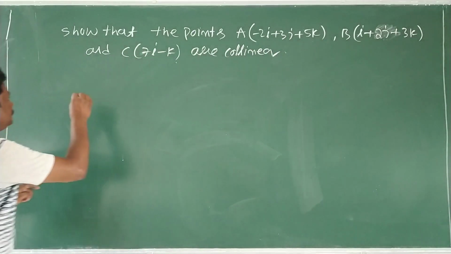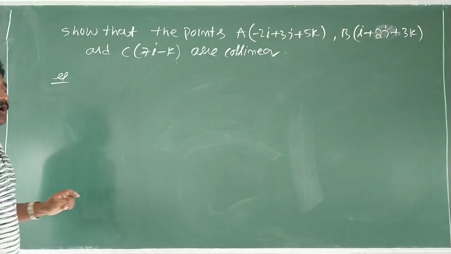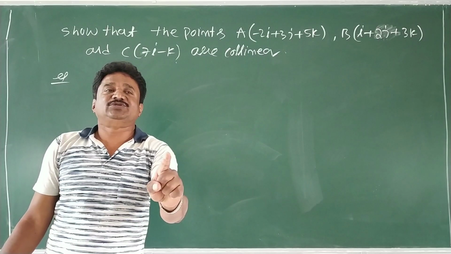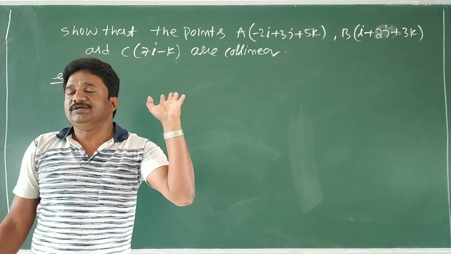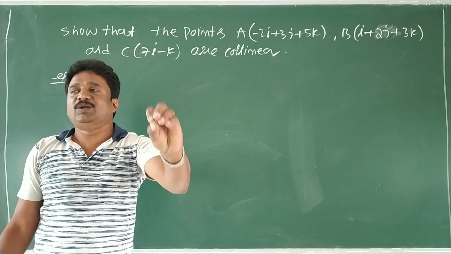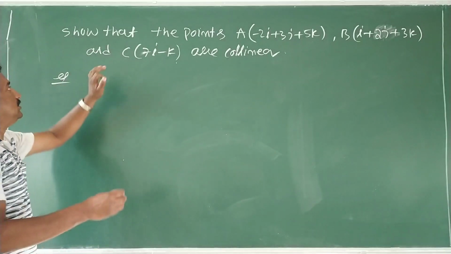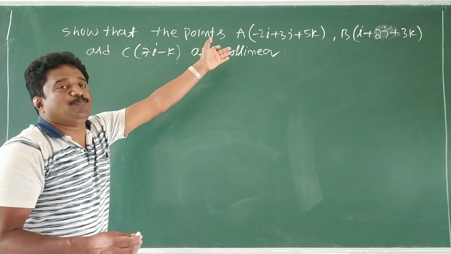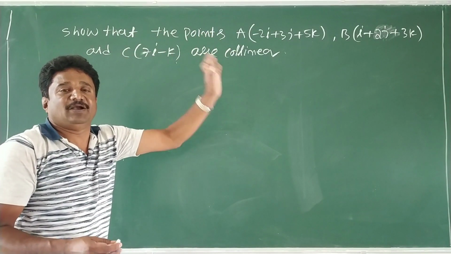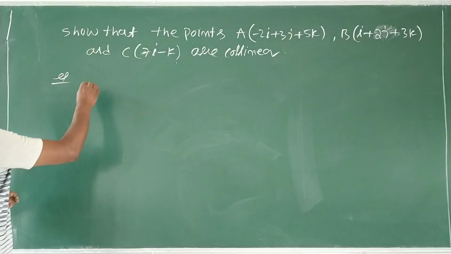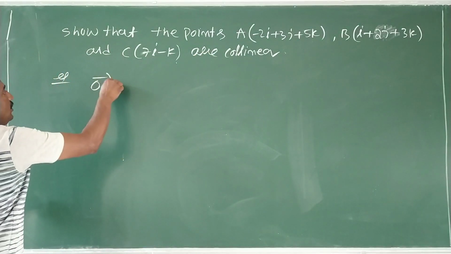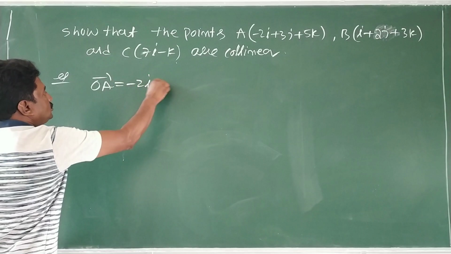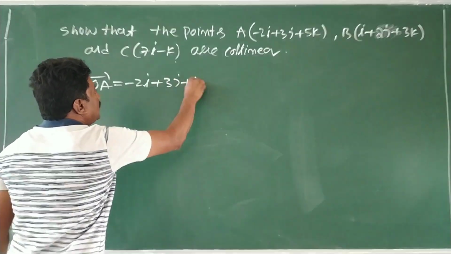Solution. Already we solved problems of this type. Show that the vectors are collinear. Whenever it is about points, they are nothing but position vectors. Vector OA equals minus 2i plus 3j plus 5k.